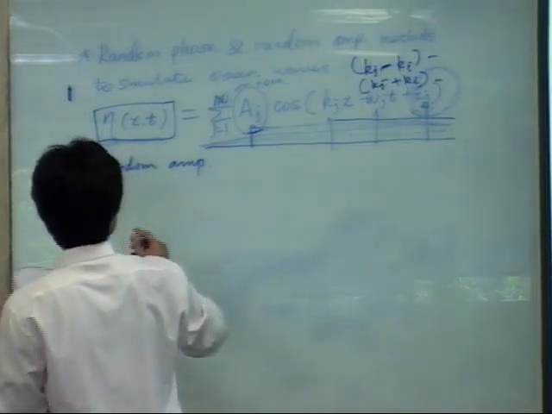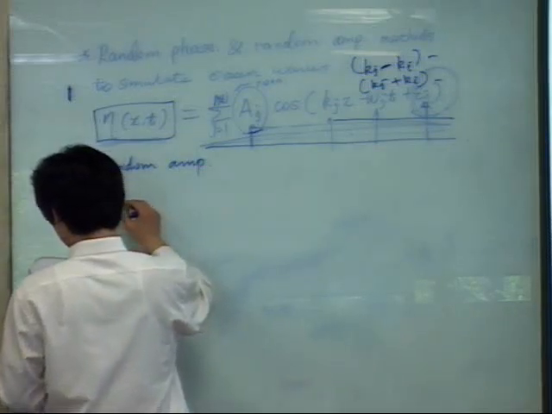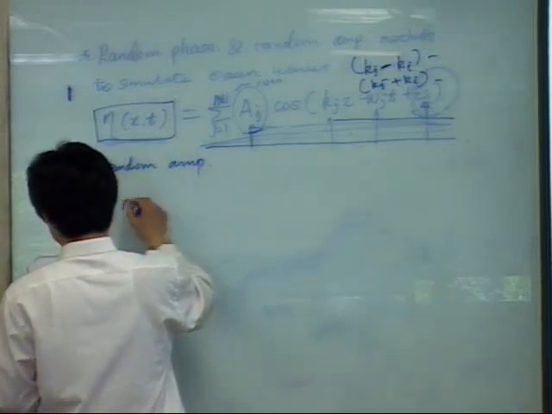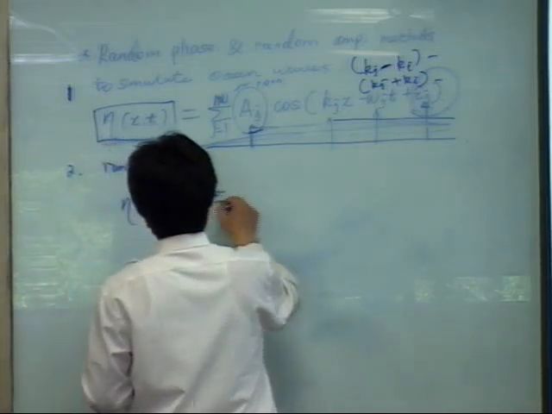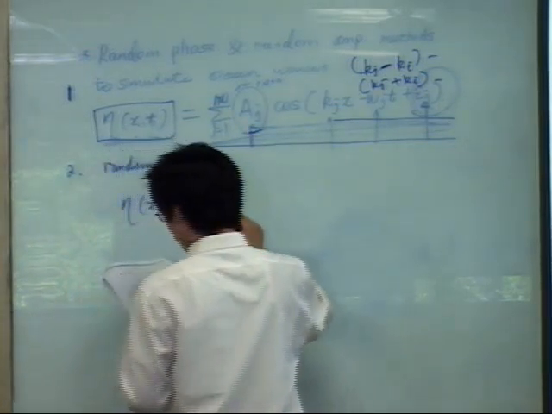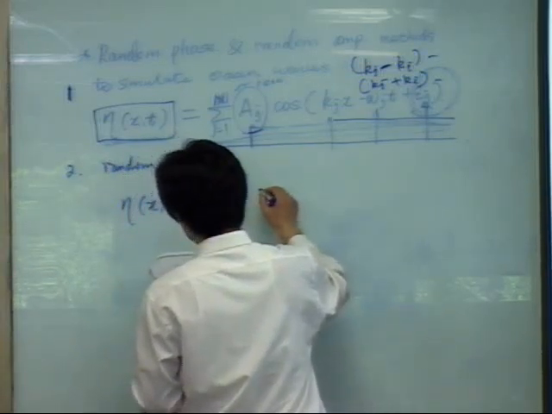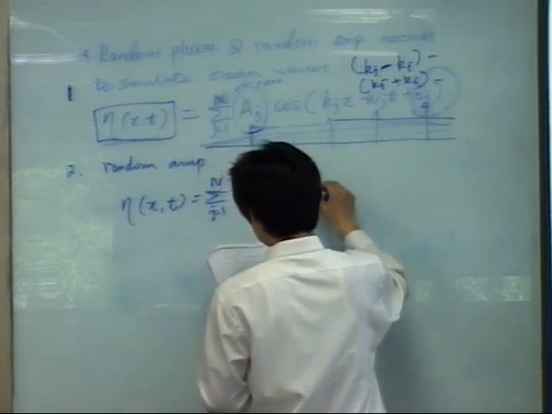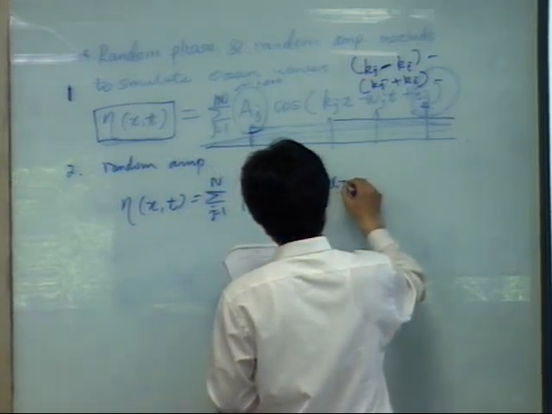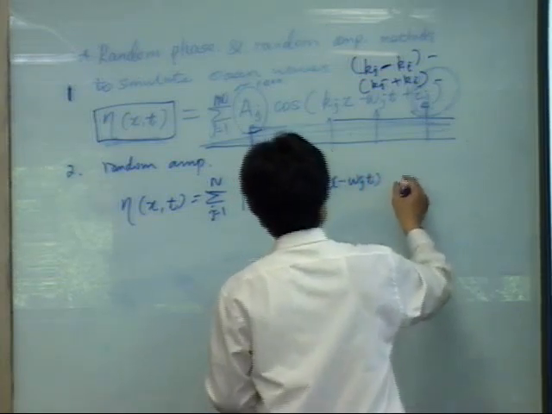The second method is to do this with the random amplitude. You can see this is a random phase. You generate random numbers. And the random amplitude, you can easily guess we are doing a similar thing with the amplitude.